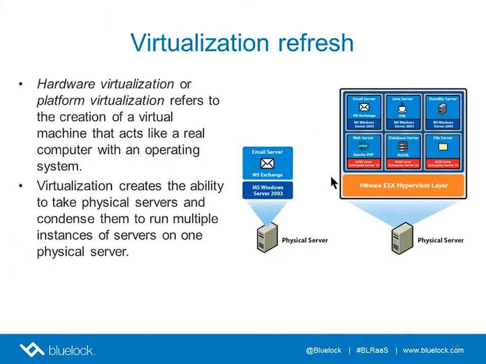So in terms of VPGs themselves, just as a virtualization refresh, we know that when virtualization first came on the scene, it introduced a hypervisor layer which abstracted the hardware from the operating system and allowed people to run multiple VMs on a single physical server.